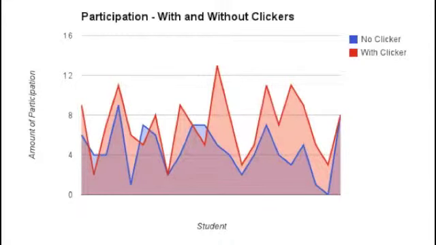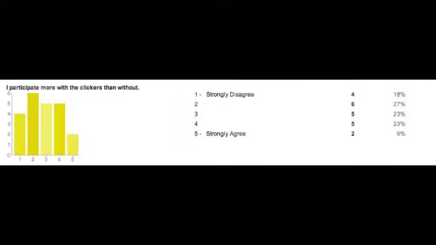Looking at this last graph, you can visually see this. You could see the peaks and valleys in regards to without a clicker and with a clicker. So it is obvious that the kids are producing more participations with the clicker, but they aren't quite cognizant of that fact.